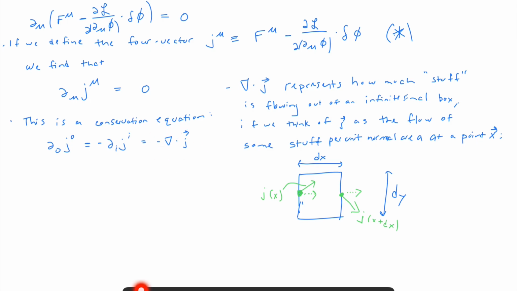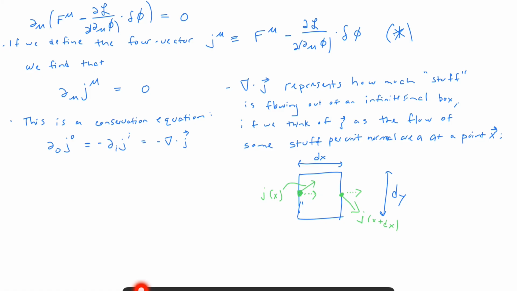So if you interpret this whole equation as saying that J0 is the density of something, how much stuff you have per unit volume, and if you interpret the other values of J, J1, J2, and J3, as how much of something is flowing per unit area normal to the direction that it's flowing, then this whole thing becomes a conservation equation, as I'll show you now.